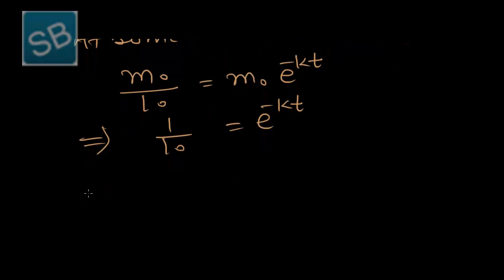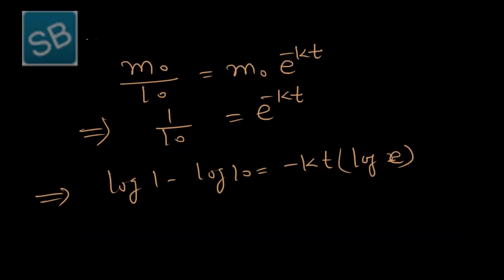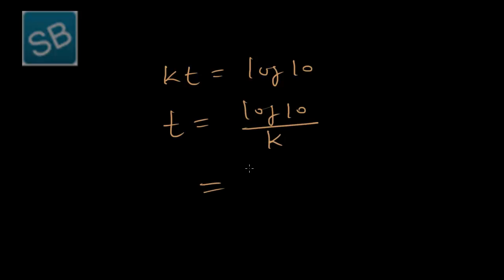Again taking log, we get log 1 minus log 10 is equal to minus kt log e. Log e is 1, and log 1 is 0. Minus log 10 is equal to minus kt. So we get kt is equal to log 10, that is t is equal to log 10 over k, where the value of k is log 2 over 2000.